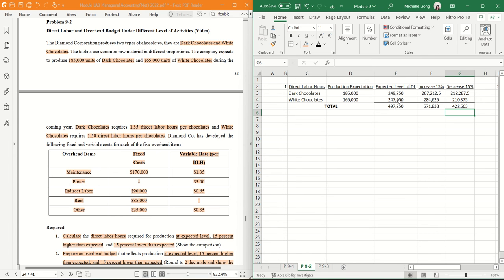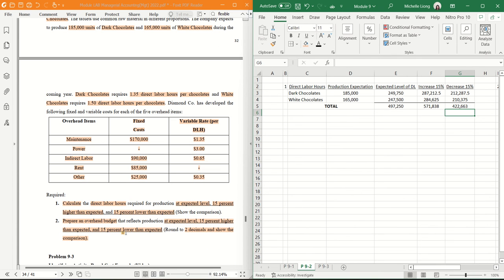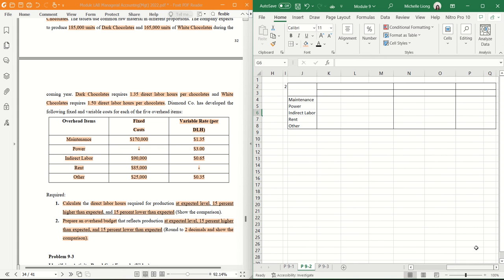As simple as that. Okay, continue to the next one, which is to prepare the overhead budget. So we directly go here and we have three levels, which is expected level, increase and also decrease. Right here we have to calculate our fixed cost and variable cost. The fixed cost is fixed for all, so we only need to calculate the variable cost for the increase and decrease ones.